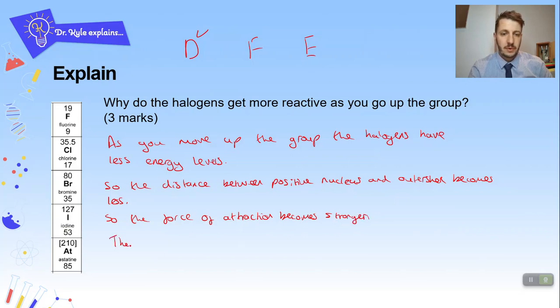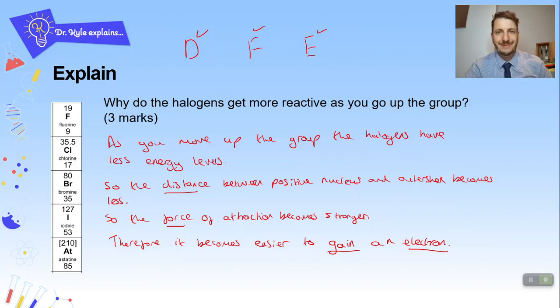Therefore, it becomes easier to gain an electron. Perfect. Making them more reactive as you go up. And so here, quick check then. We've spoken about our distance, we've spoken about our force, and we've spoken about that electron that we want to gain. Really well done if you got that right.